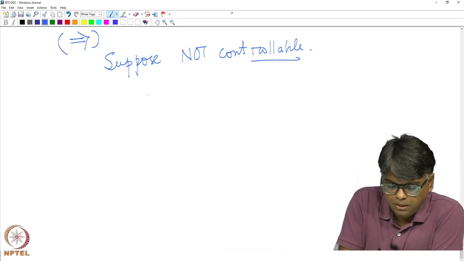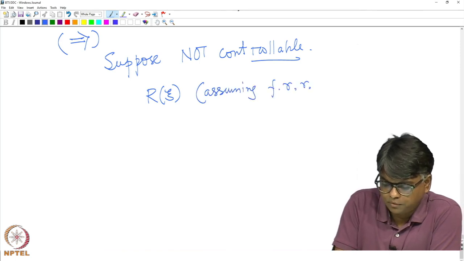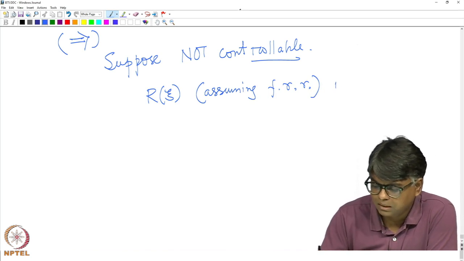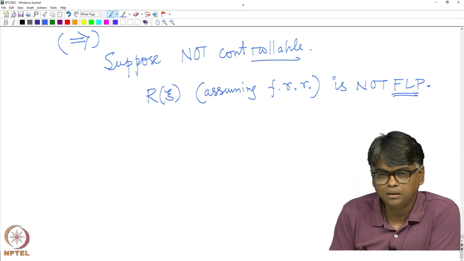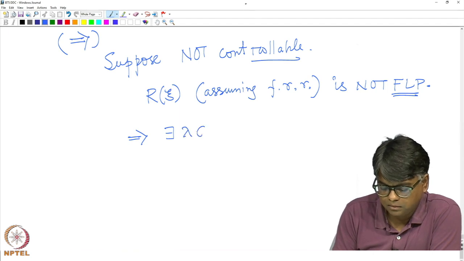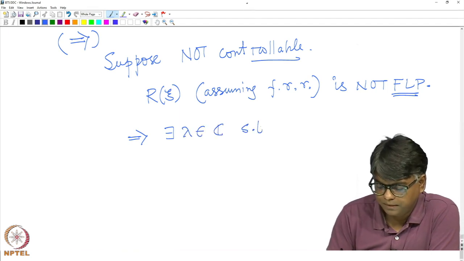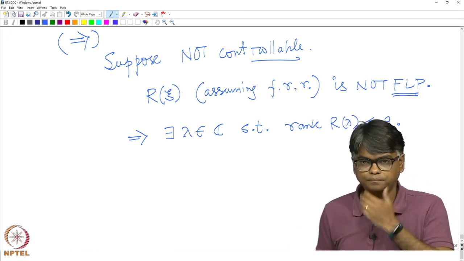Not controllable means R(ξ), assuming full row rank, without loss of generality, is not left prime, which then further means that there exists lambda, a complex number, such that the rank of R(λ) is strictly less than the number of rows, that is g.